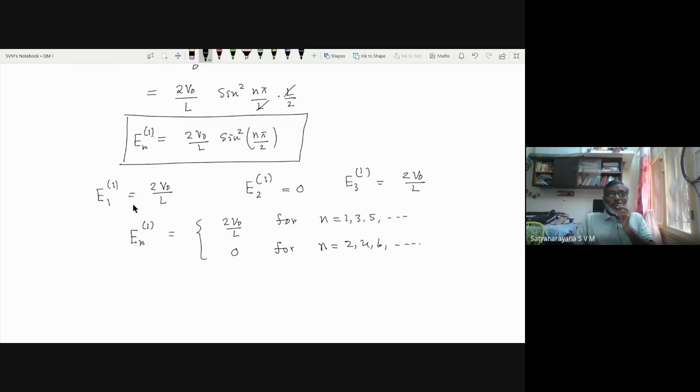So there is a correction for odd values and there is no correction for the even energy levels.